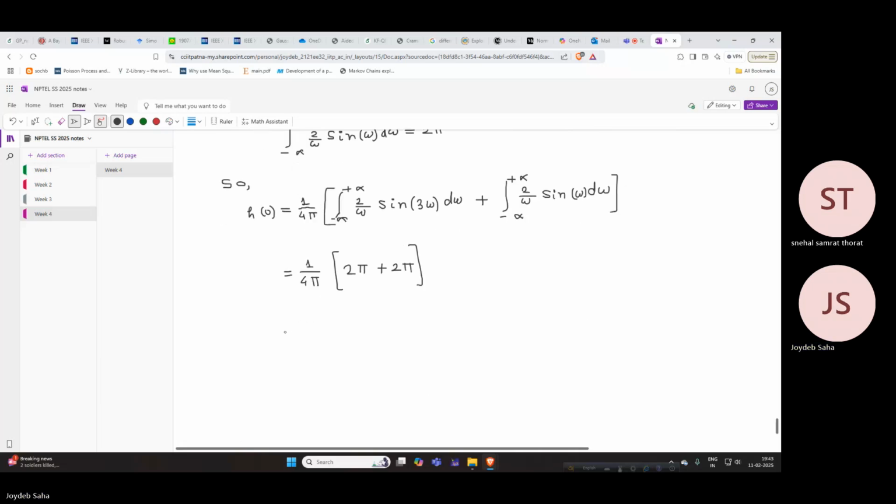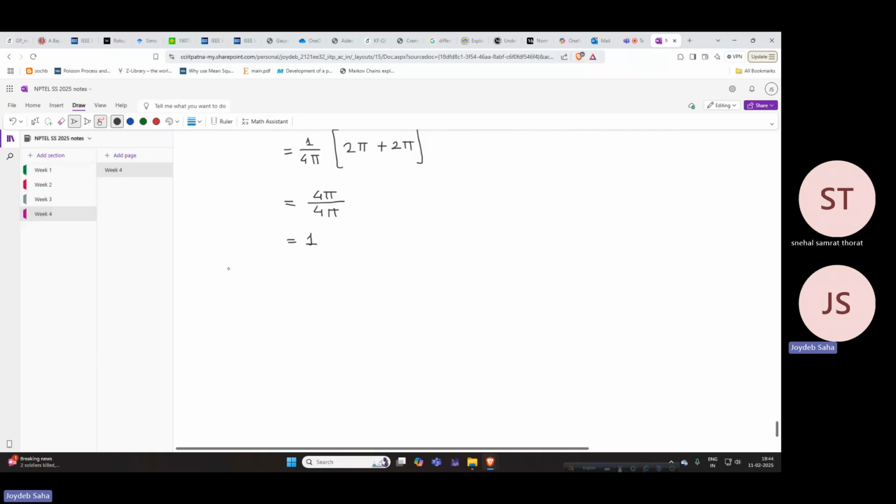So finally we are getting 4 pi upon 4 pi is equal to 1. So h0 is equal to 1.